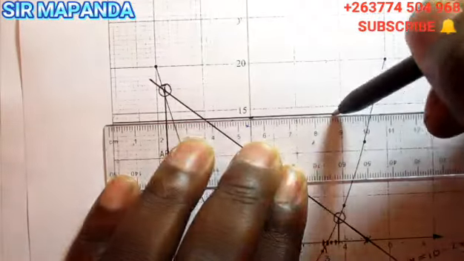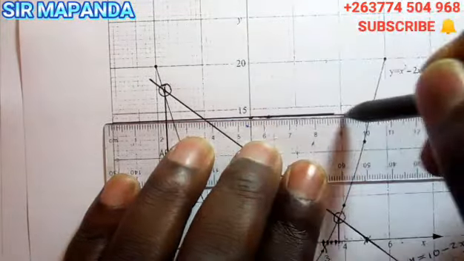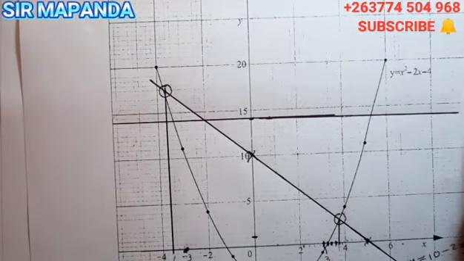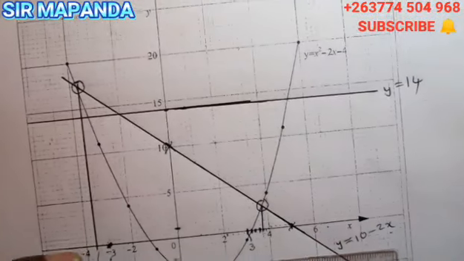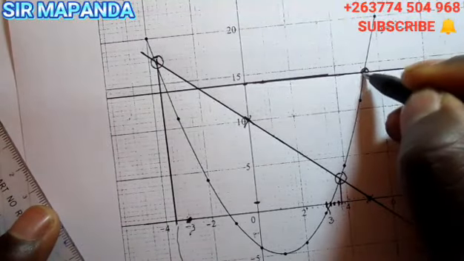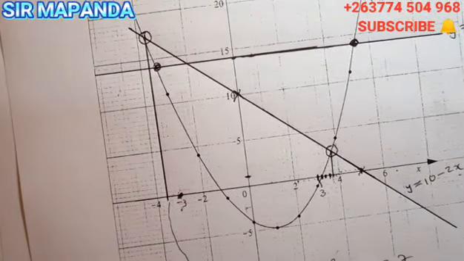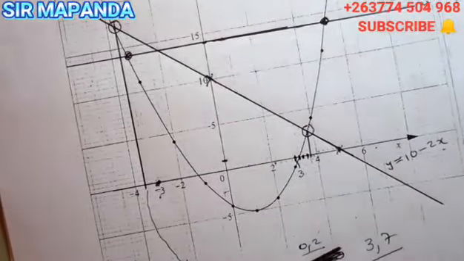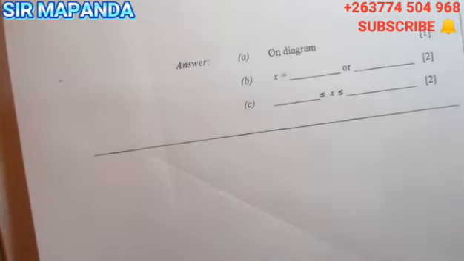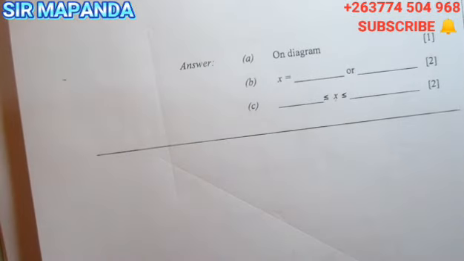Then you draw your horizontal line like this. Label it y is equals to 14, right? So the range of possible values can be written in inequality form, and Zimsec has prepared the inequality form for you already.